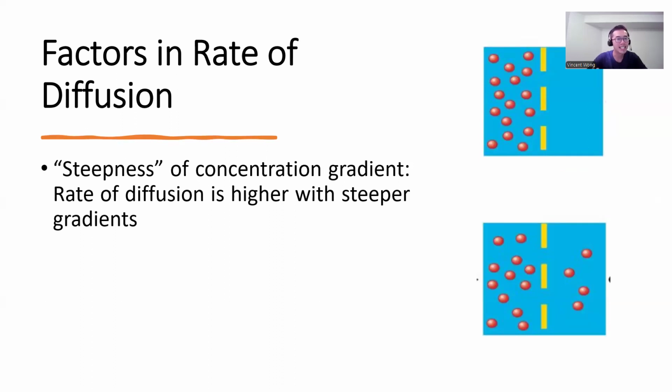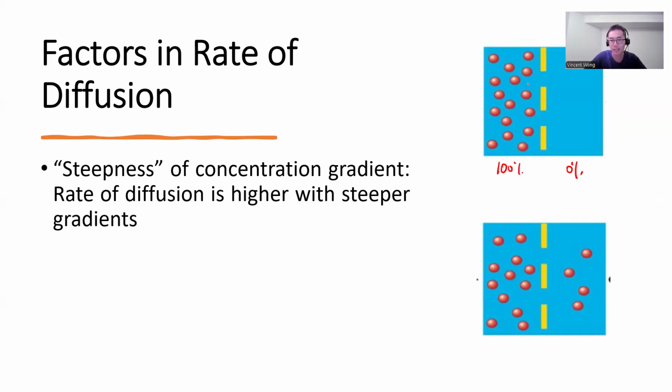Next, we have the steepness of the concentration gradient. Concentration gradient, once again, is the difference between the concentration in two areas. If the difference is big, like here, I'm making these numbers up, okay? Like this is 100%, this is 0%.